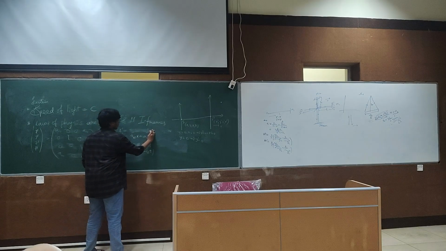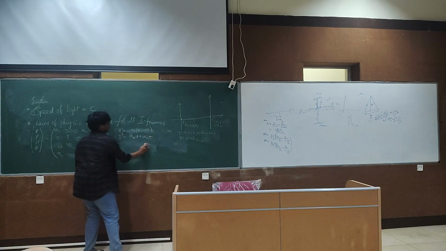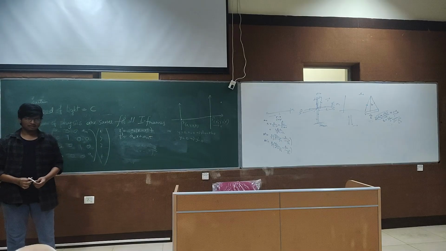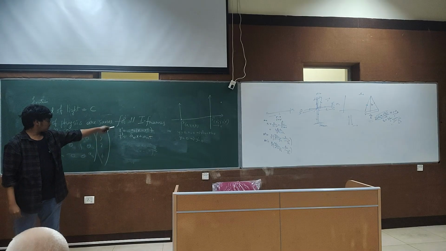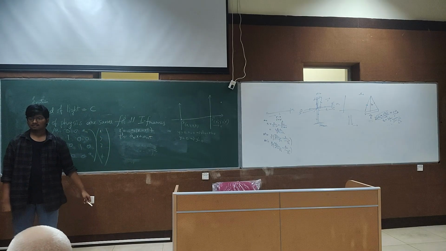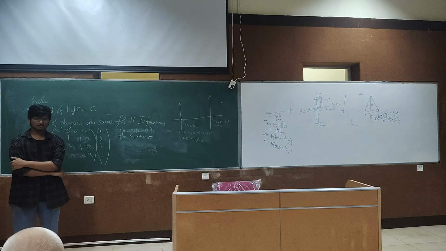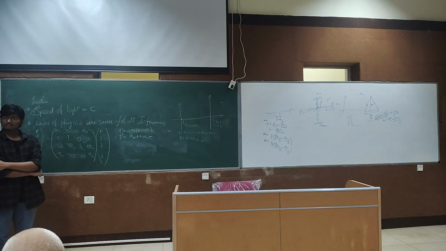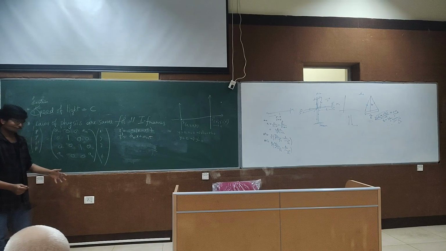So this will just become a11 into x minus Vt. Now do you have any idea to evaluate the remaining coefficients? Anyone? Fine.